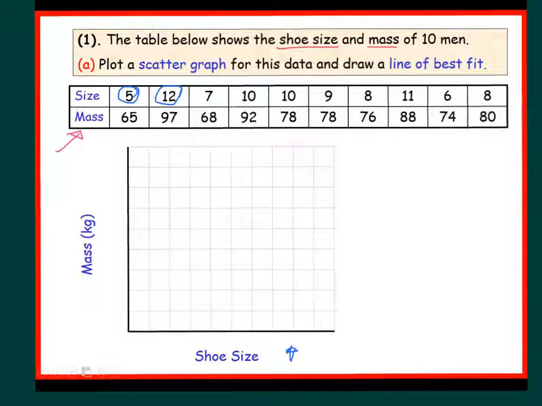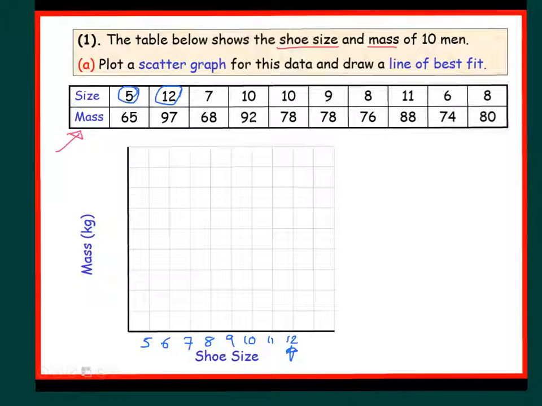And I want to do it in nice easy numbers, numbers I can easily count in. So either 1s, 2s, 5s or 10s. And I'm going to go up in 1s. Let's start here at 5, 6, 7, 8, 9, 10, 11, 12. That's it.